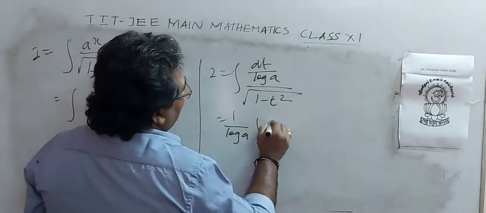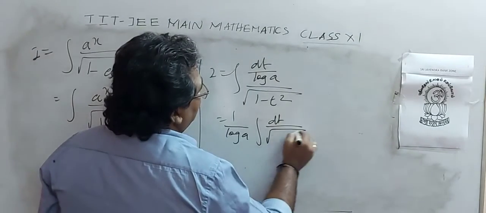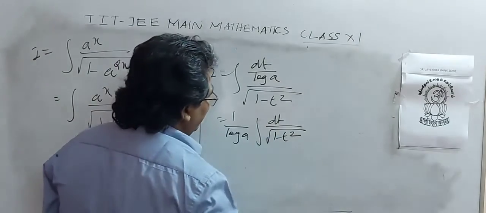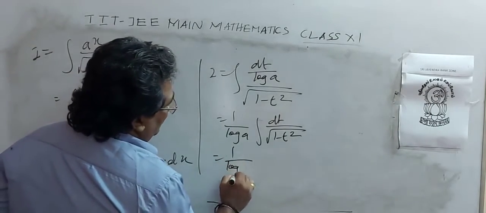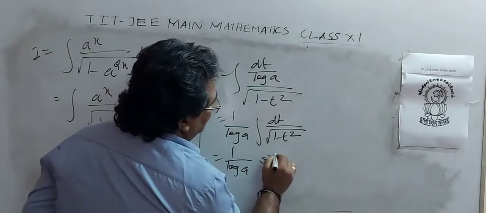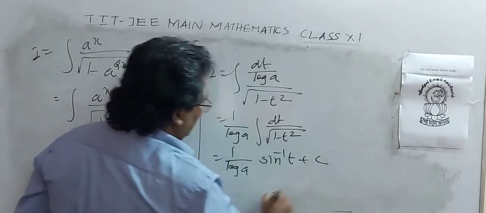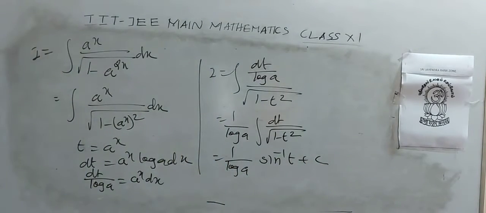1 by log a, dt by root of 1 minus t squared. 1 by log a sine inverse of t plus c.